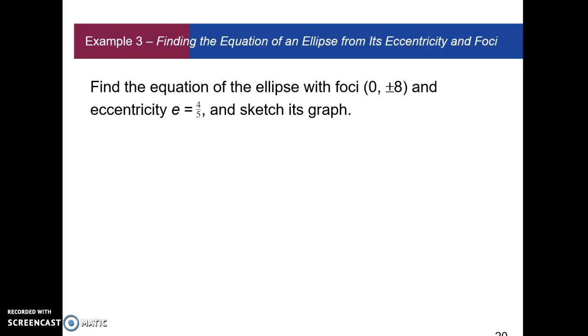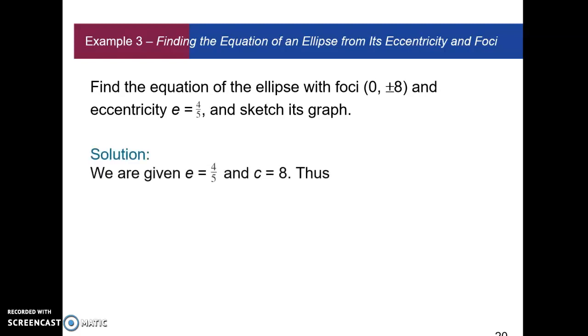What we give you here is only the coordinates of the foci, and then we give you the ratio of the eccentricity, that's C over A. So what we can do is set up a proportion. If the eccentricity is 4 over 5, which is C over A, then we can take that 4 over 5 and set it equal to our C over A, and we can find A.